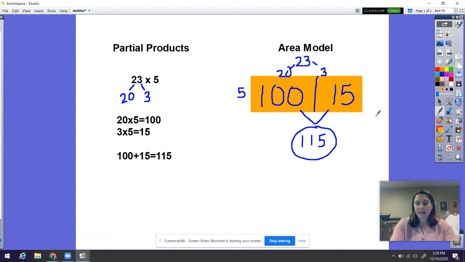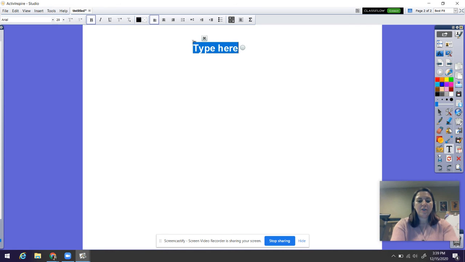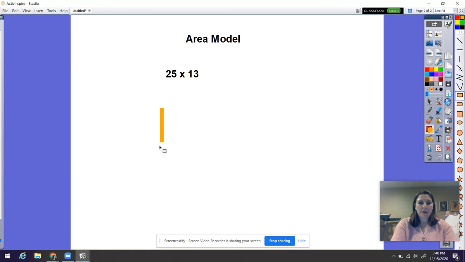So again, it might seem like more work than it's worth right now, but going into the area model, when we do 2-digit by 2-digit problems, so for example, if I had the problem 25 times 13, I would build myself an area model again.